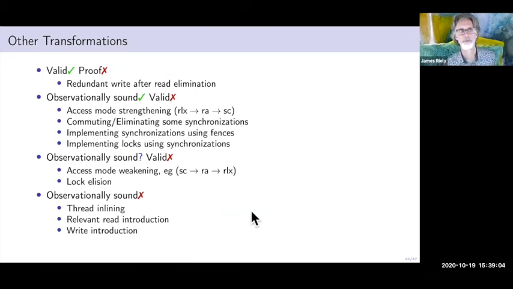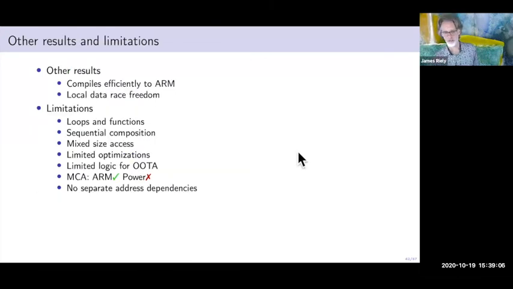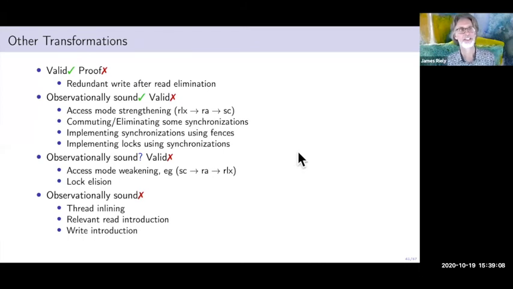There are other transformations. Some are true, but we don't have a proof, such as redundant write after read elimination. Some of these are observationally sound in our model, but they're not actually valid in the model itself. So we'd have to do some more fiddling around with getting rid of redundant actions.